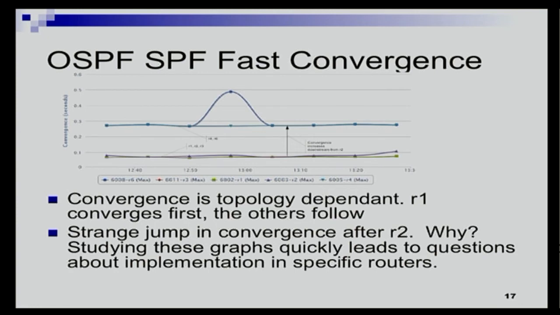But on the bottom part, R1 converges first, and then there's R2 and R3, and then there's a big jump, and then R4 and R6. So what's going on here? Why do those other two converge much more slowly? They're the ones downstream from R2. And the answer is, I don't really know.